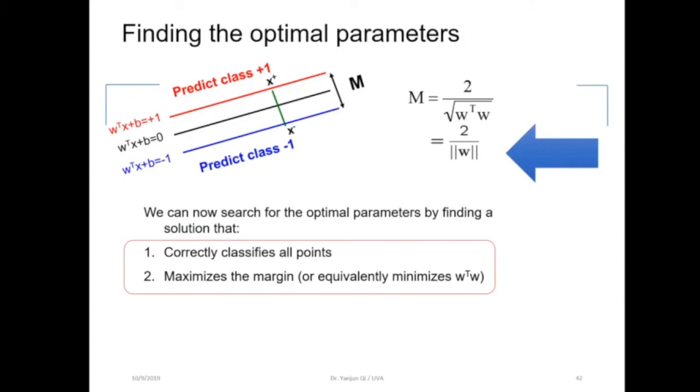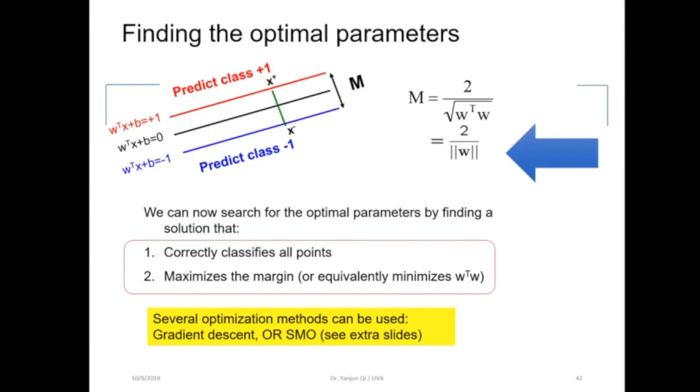And actually these two are both related to the W and B. I don't even need to search for the support vectors, and I can define the margin based on the W. Then the two goals at the same time: maximize the margin, or equivalently minimize the L2 norm of the W vector. At the same time, classify all the training points correctly.